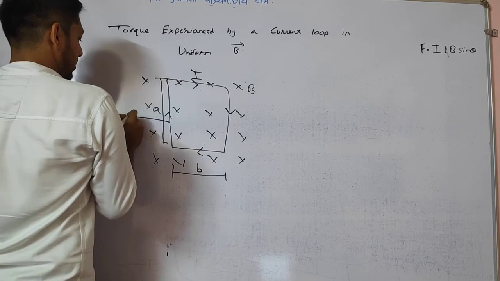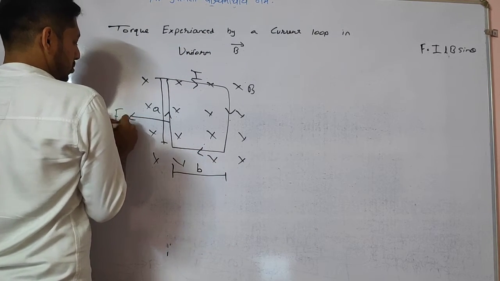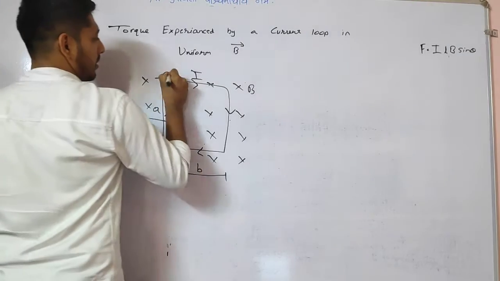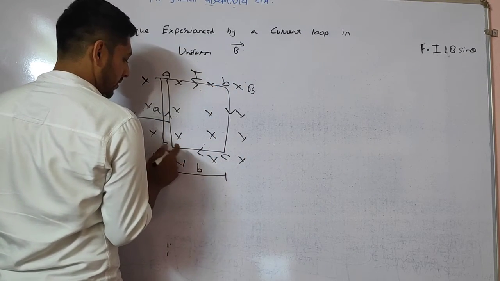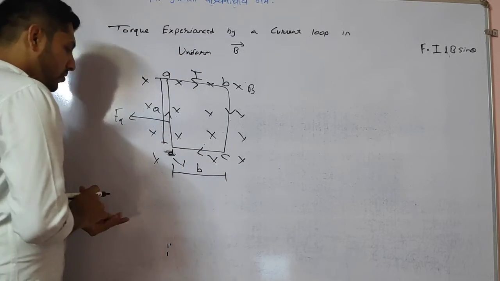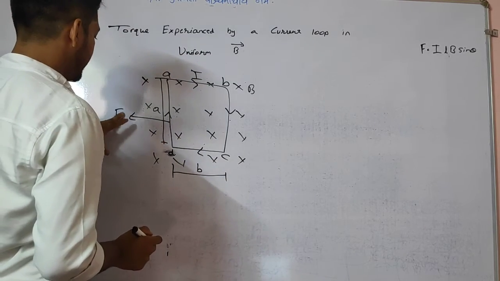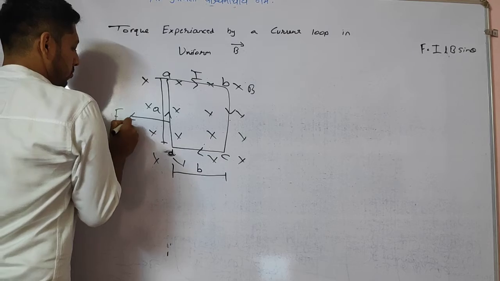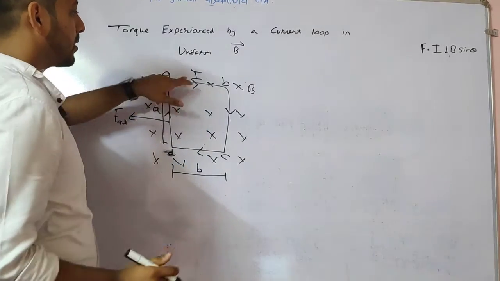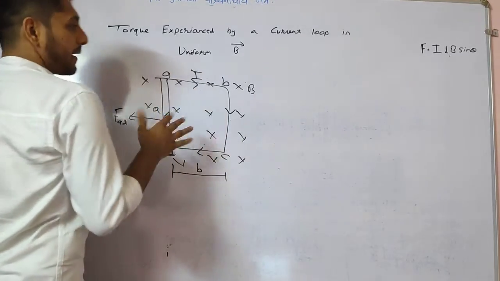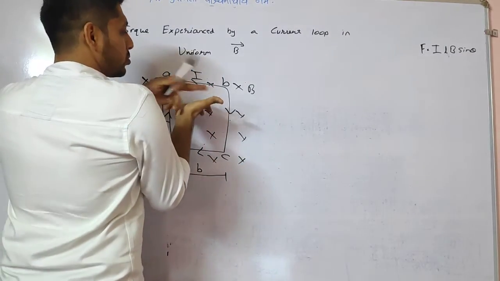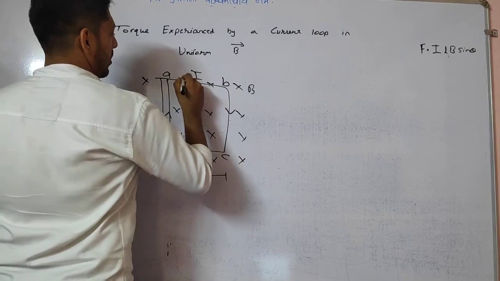Suppose I name the corners A, B, C, D. This will be the force on AD. Similarly here, the magnetic field is going inside, the current is in the direction of the thumb, and the force will be in the upward direction.